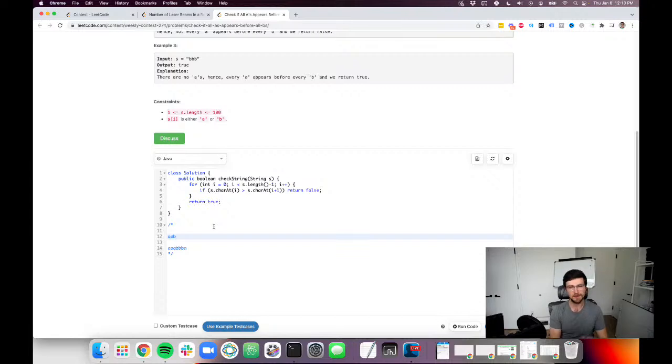I'm trying to think of what a counterexample might be to this. I guess you are always going to have an inversion somewhere, right? You're always going to have some case. So yeah, this probably would work actually if we had a string that was any number of characters.